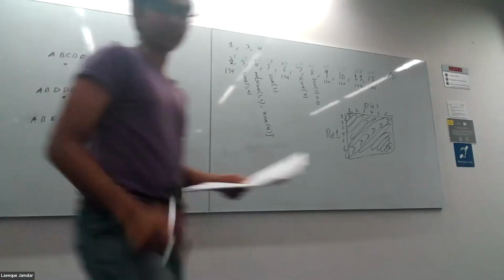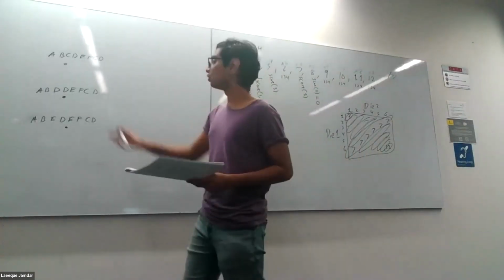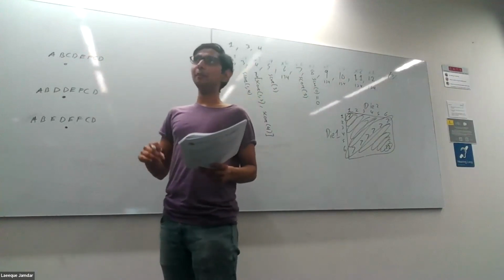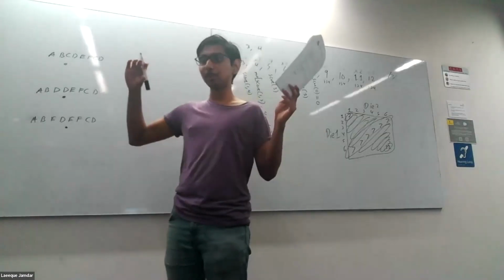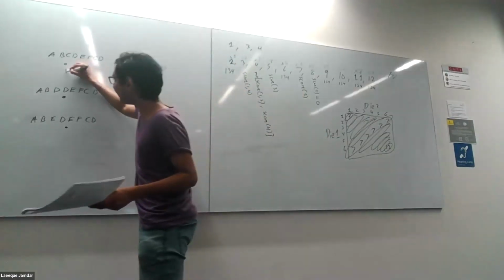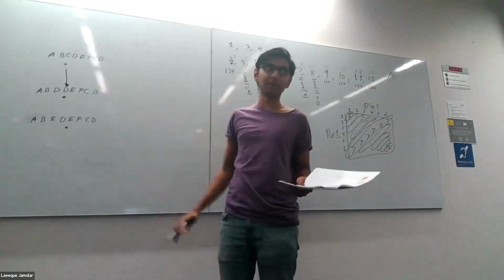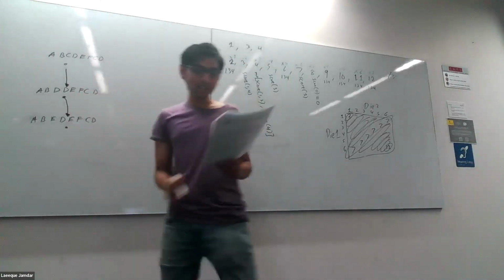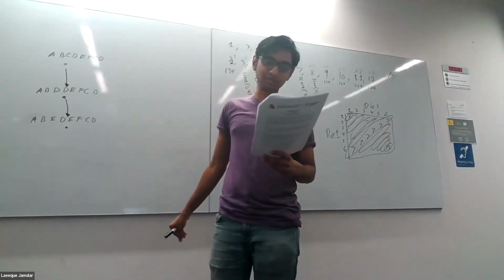So the way to visualize this is that each time you do an operation, you're transforming the string in some way. And if you can move to another string in a single operation, then those two strings are adjacent, or at least there's a directed arrow going from the first string to the second one. So in this question, in the sample case, these are given as the first two steps that you do in your process.